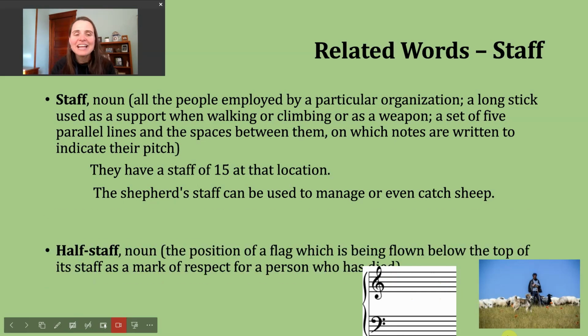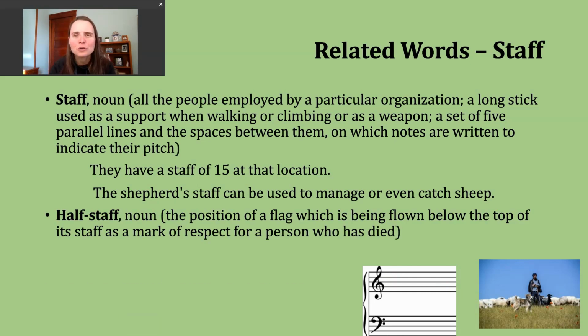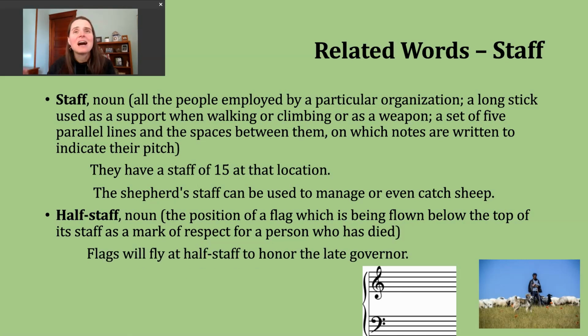Now, let's talk about one other related way that the word staff gets used. Sometimes staff is used as a shortened form of the word flagstaff. So perhaps you've heard half staff, and that's when the position of a flag, instead of going all the way to the top of a flagpole, is flown in the middle.